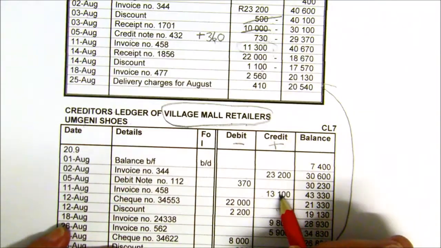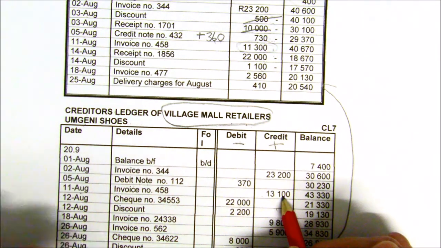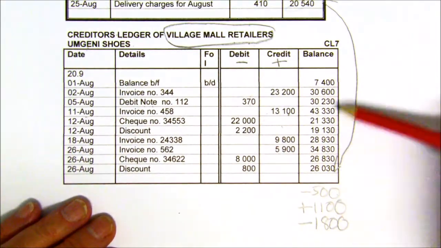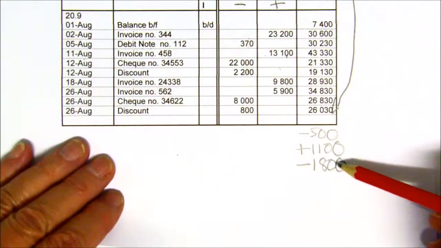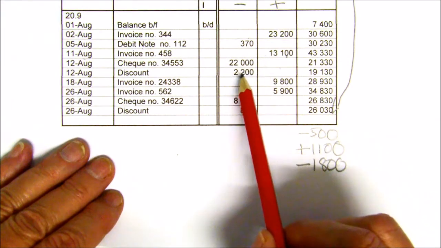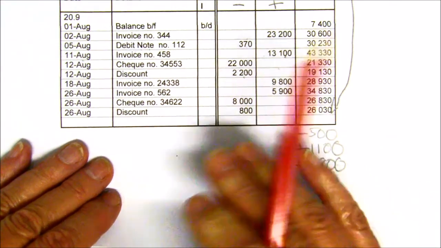So we have actually added on too much. So we're going to have to minus now the difference. And so in our ledger account, that's where the mistake is, we will minus 1,800. Or if you're doing it as a full ledger, you would have to debit the account.